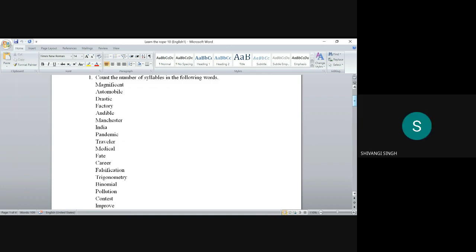Career has 3, okay? So ka is the first one, that's schwa. Then re, that's the second one. Then there's another schwa at the end, that is also a different syllable, okay? Career, so 3.